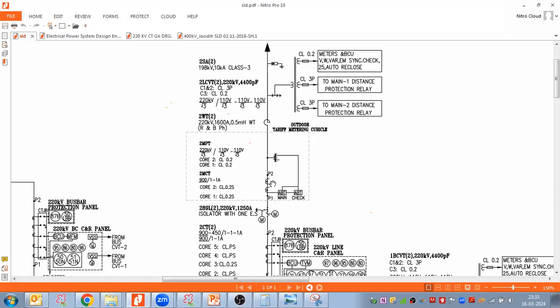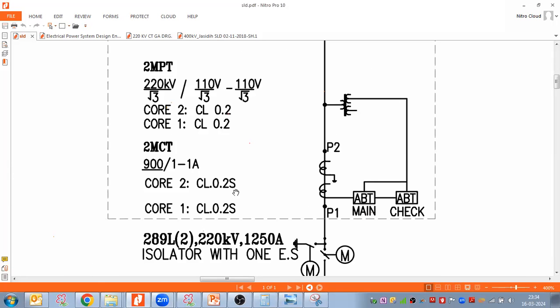One more thing for your added knowledge. One of the main clients in Oman, the oil and gas client, is now using class PS for the metering also. Do you have any idea why they are using it? There are no new metering classes; all are protection classes, and they can use them for metering also.